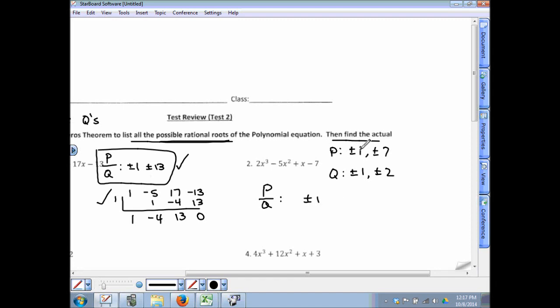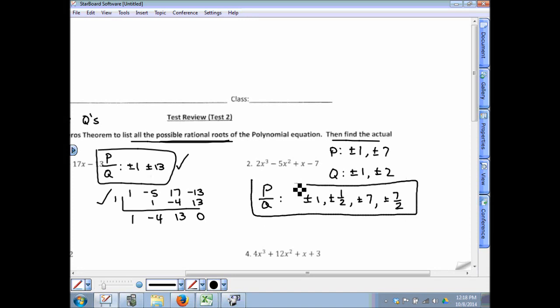But now plus or minus 1 divided by plus or minus 2 is plus or minus 1/2. Now you move on to the next number of P. Plus or minus 7 divided by plus or minus 1 is plus or minus 7. And then plus or minus 7 divided by plus or minus 2 is plus or minus 7/2.